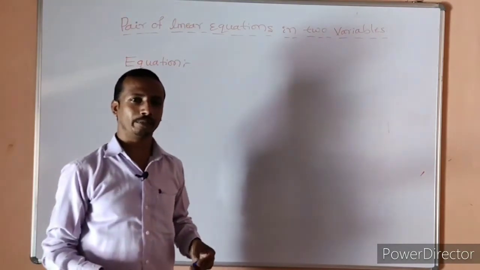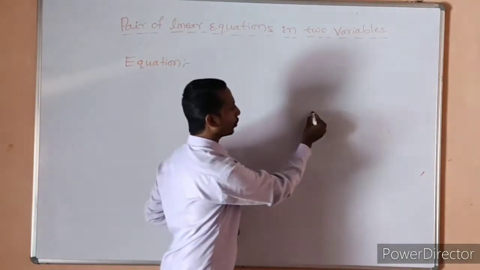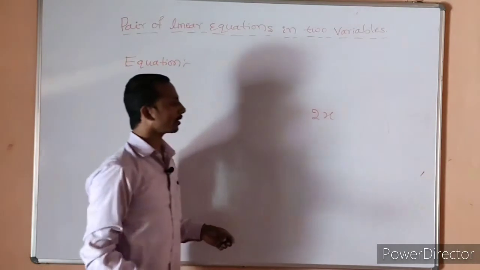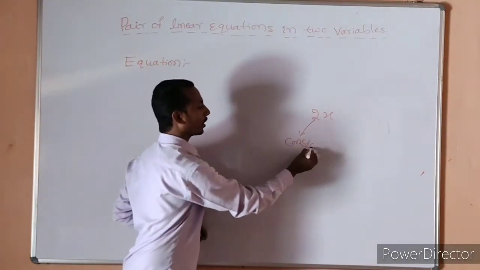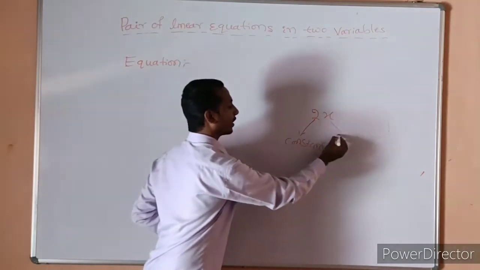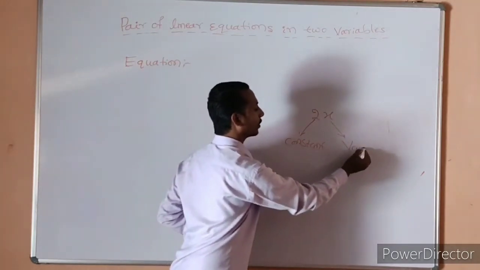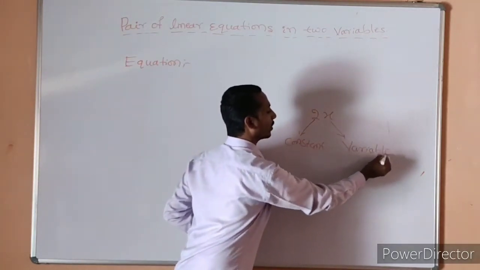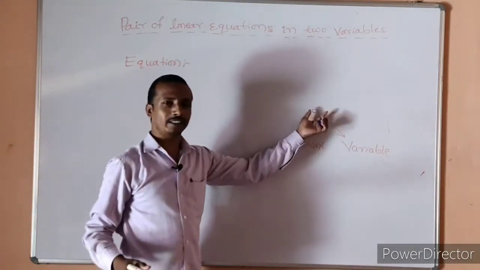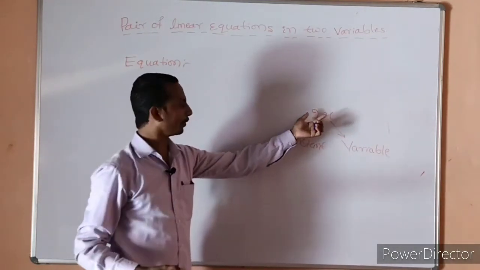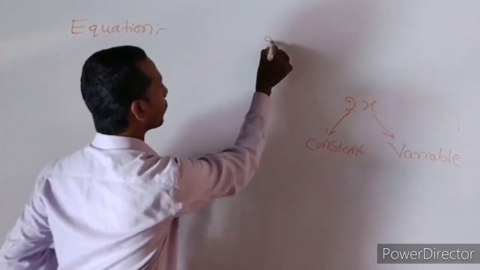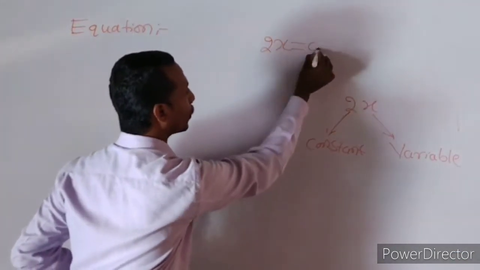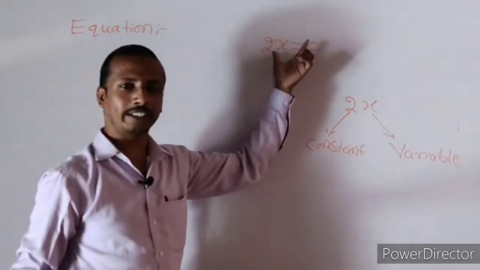For example, 2x: 2 is called a constant, x is called a variable. This 2x is called an algebraic expression. If the algebraic expression is equal to 0, for example 2x = 0, then it is called an equation.